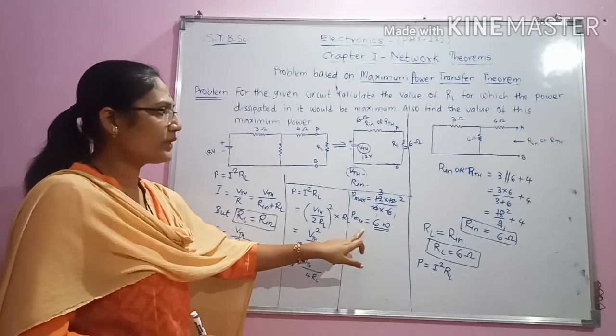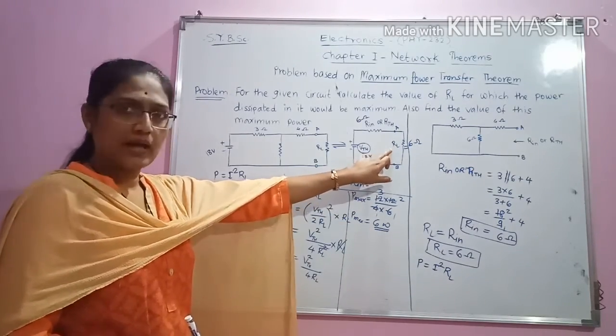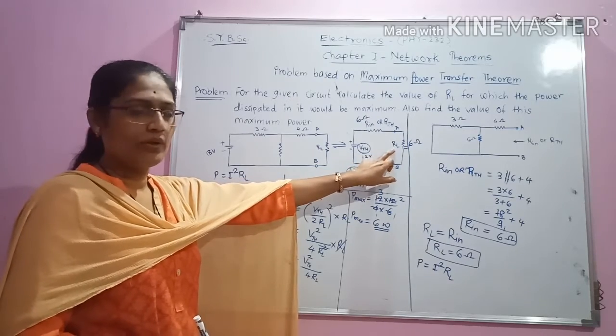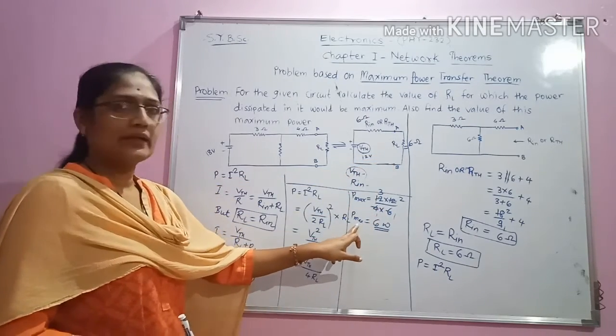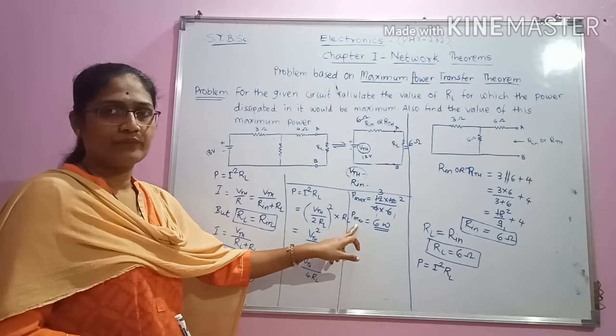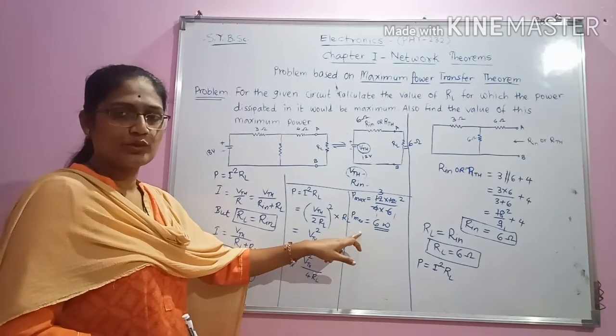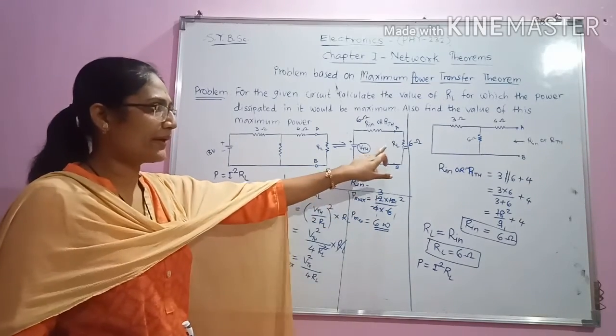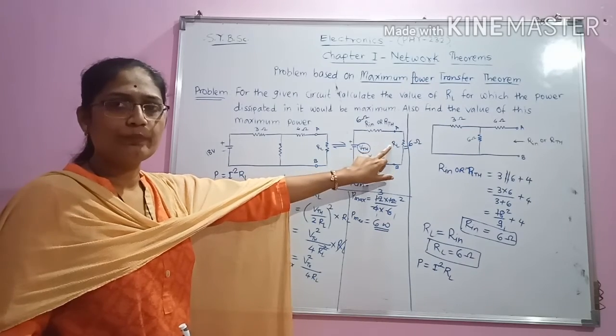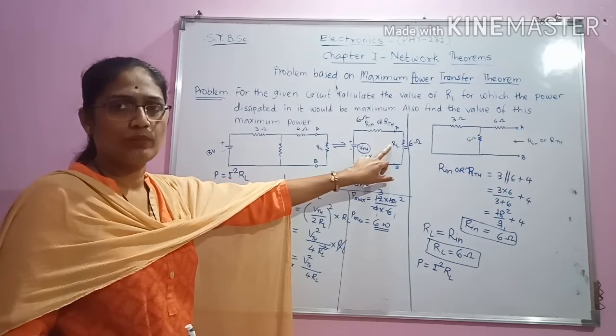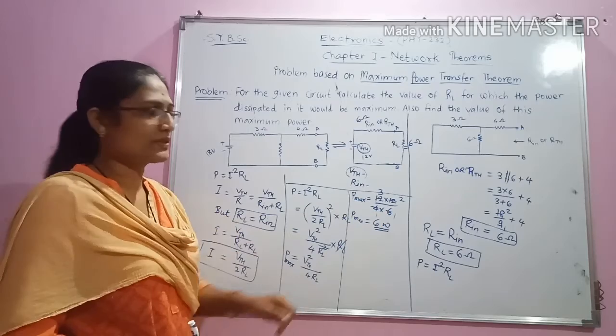If the RL value is other than this 6 ohm, then you will get less power. In order to get maximum power across RL, the value should be set as 6 ohm. This is the meaning of this.